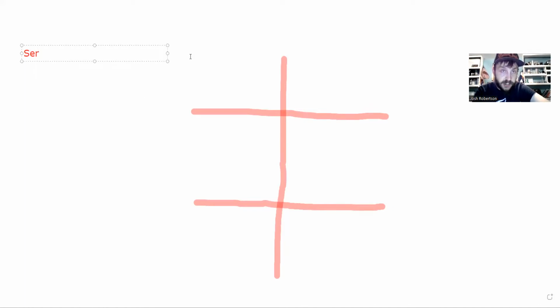Now in the imperative, there is no conjugation in the yo form, right? So there is no conjugation in the yo form for the imperative.